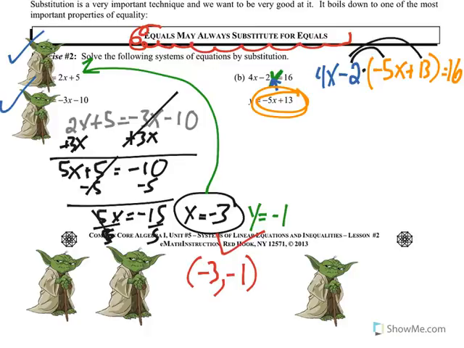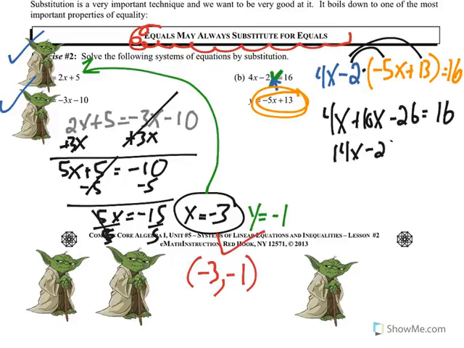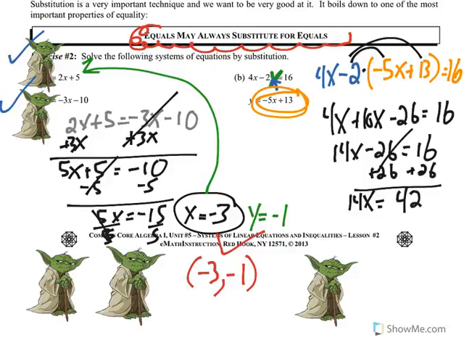So if we distribute, we'll get 4x plus 10x minus 26 equals 16. That's 14x minus 26 equals 16. We add that over. I get 14x equals 42. Divide by 14, divide by 14, you'll find that x equals 3.